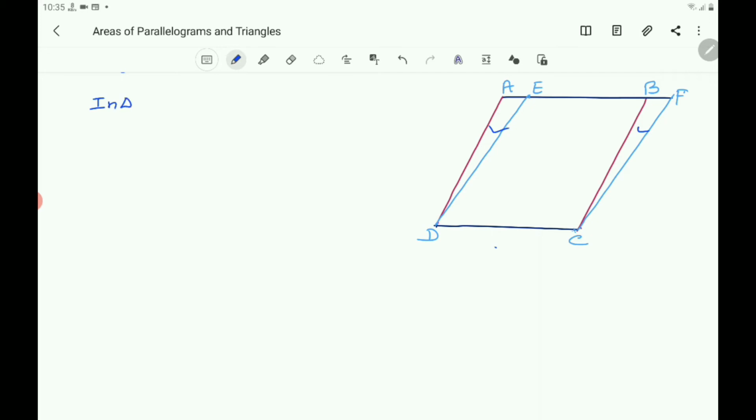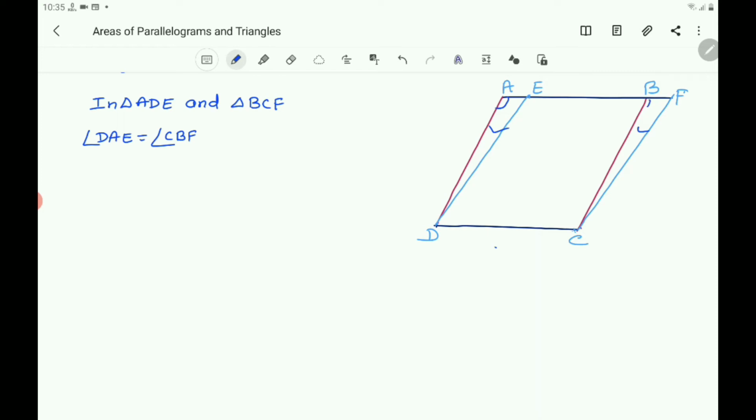In triangle ADE and triangle BCF, angle DAE equals angle CBF. Are they equal?